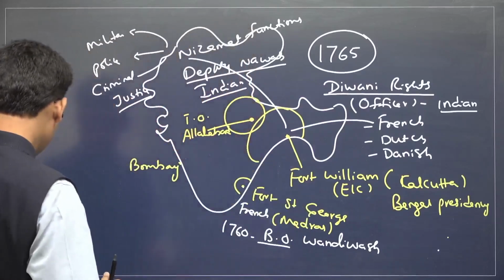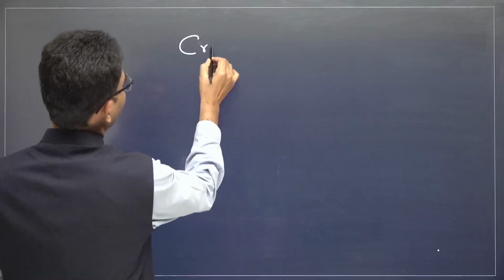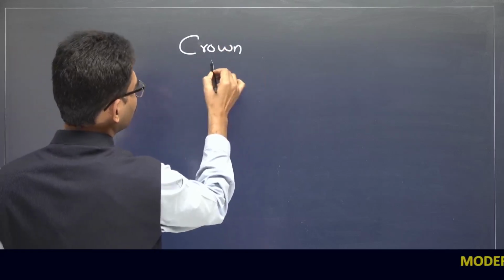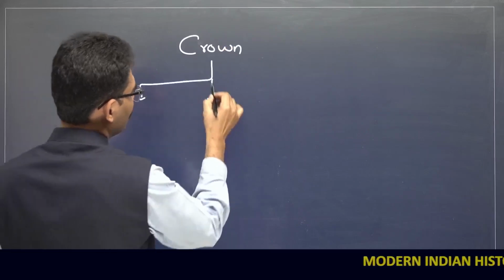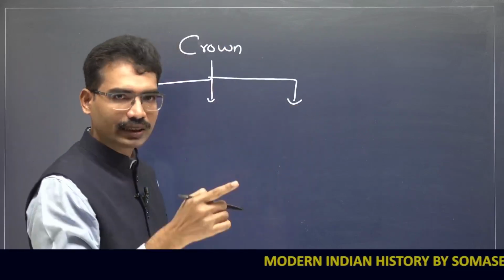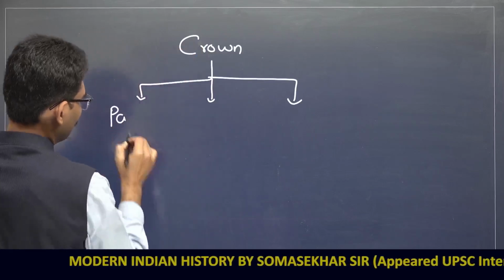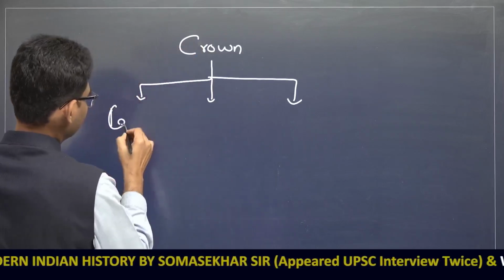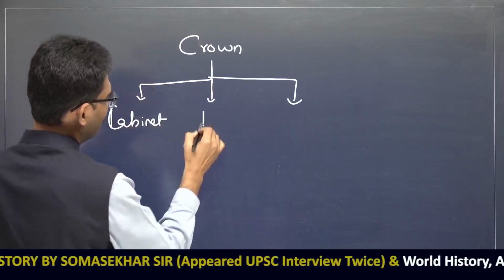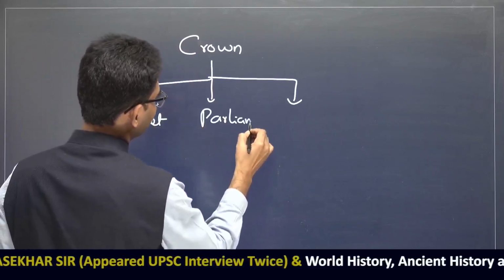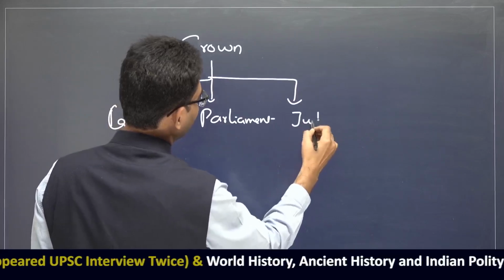The arrangement between East India Company and the England government is this one. Crown is there, British cabinet and British parliament, British judiciary.